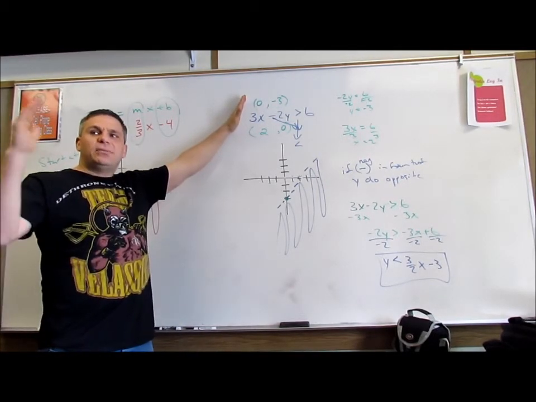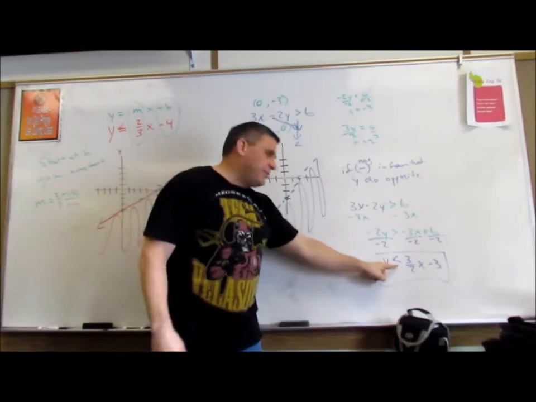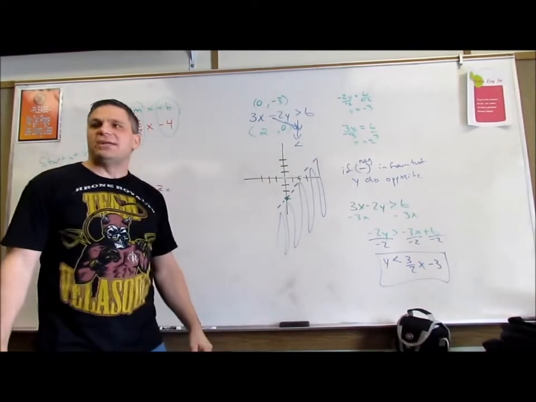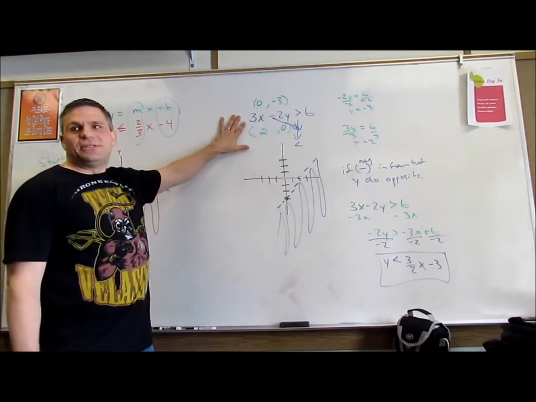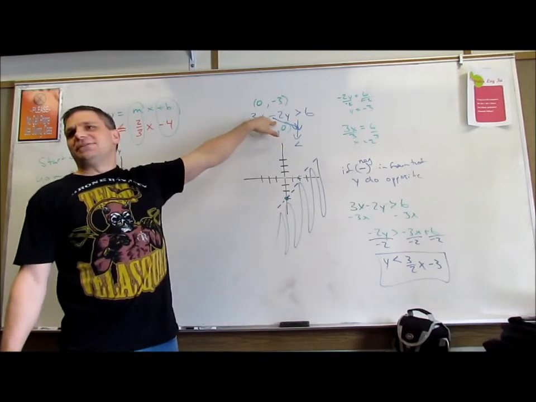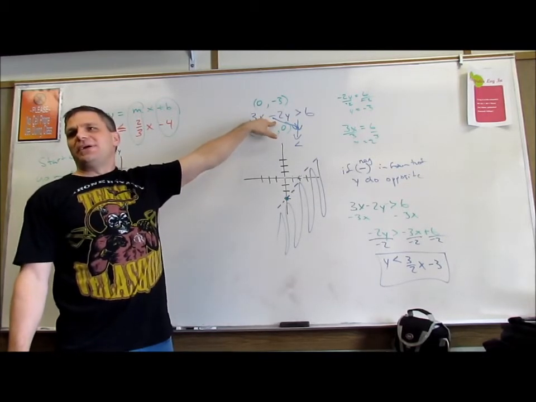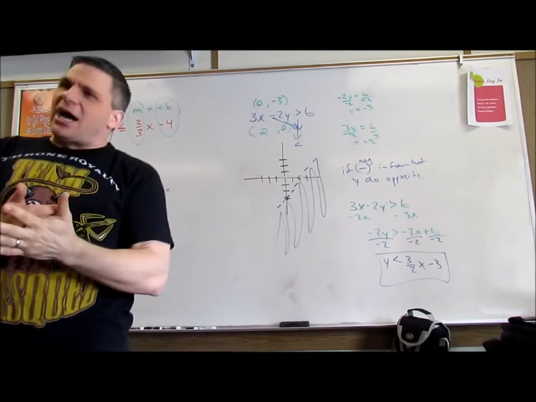Now here's the thing. No matter what, if I divided by negative 2 and I didn't flip the sign, guess where I'm going to shade? Up. If I solve it this way and I don't recognize that there's a negative in front of the y, which way am I going to shade? Up, because it tells me to shade up.